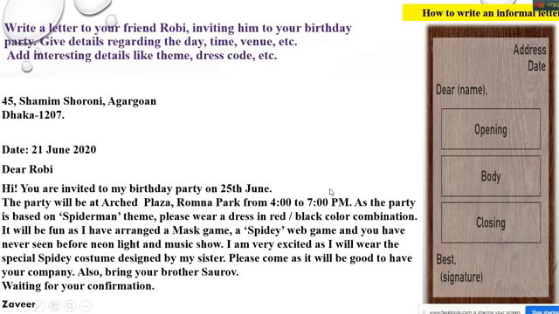Okay, so exactly this is the example of an informal letter. You are writing a letter to your friend, inviting him to attend your birthday party, and you are giving some information, some instruction on how he or she is supposed to attend. What is the dress code? What is the time? Where is the venue? Every detail is given here.